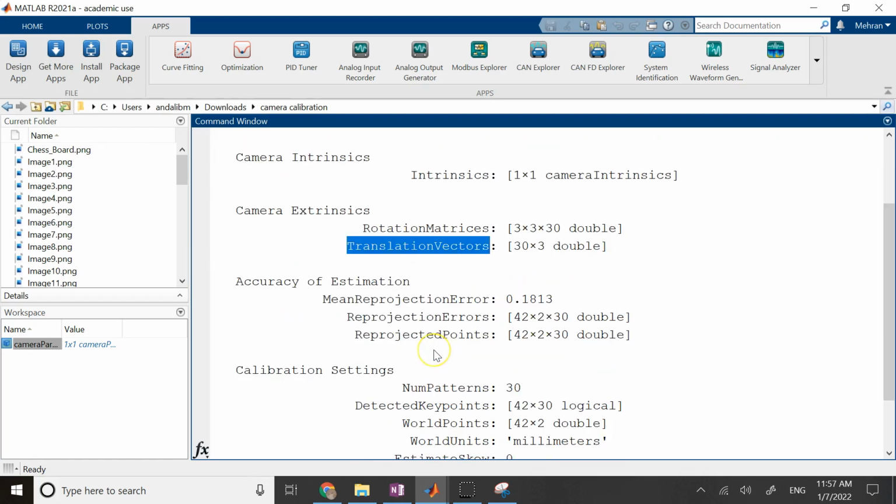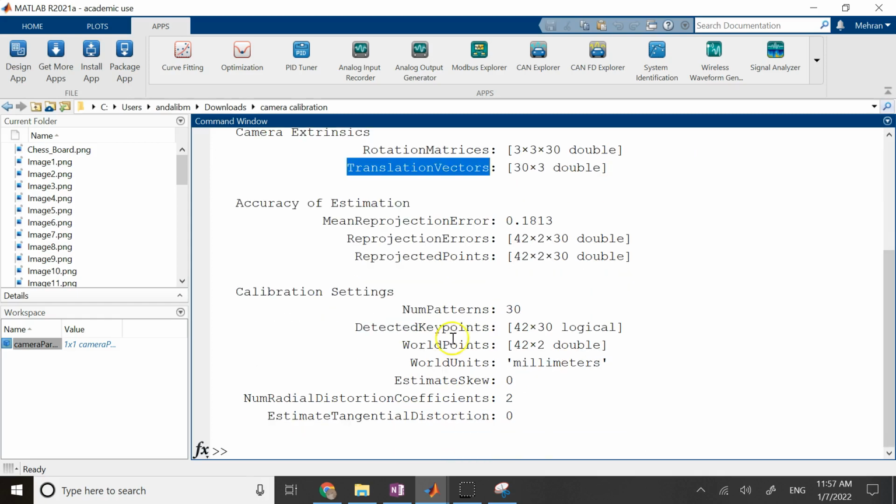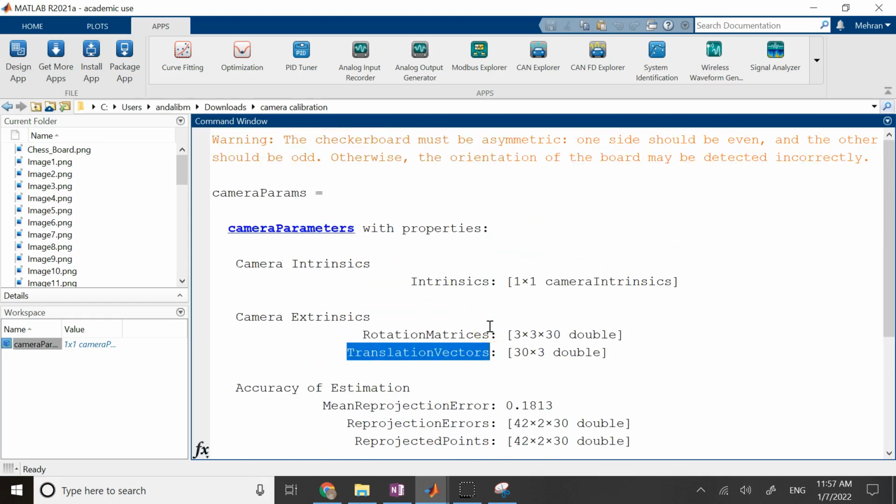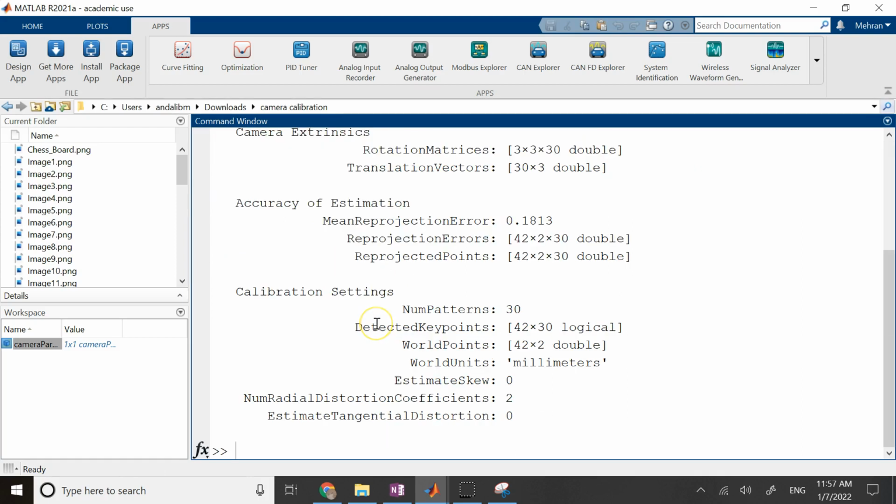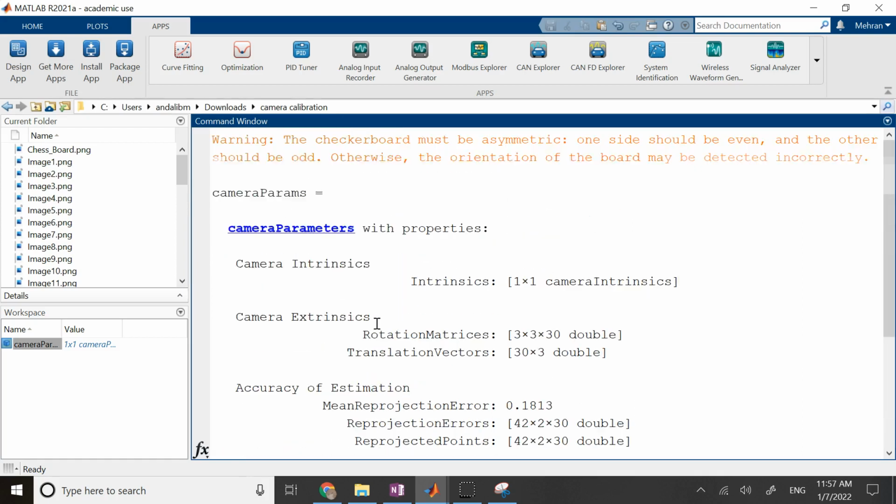Rotation matrices, translation vectors, right? All of the calibration settings and so on. So let's say you want to see the K matrix, the intrinsic matrix. So what do you say? You say camera params dot, and then camera intrinsics, right? So you say this, and then dot, and then bring the name of the field.